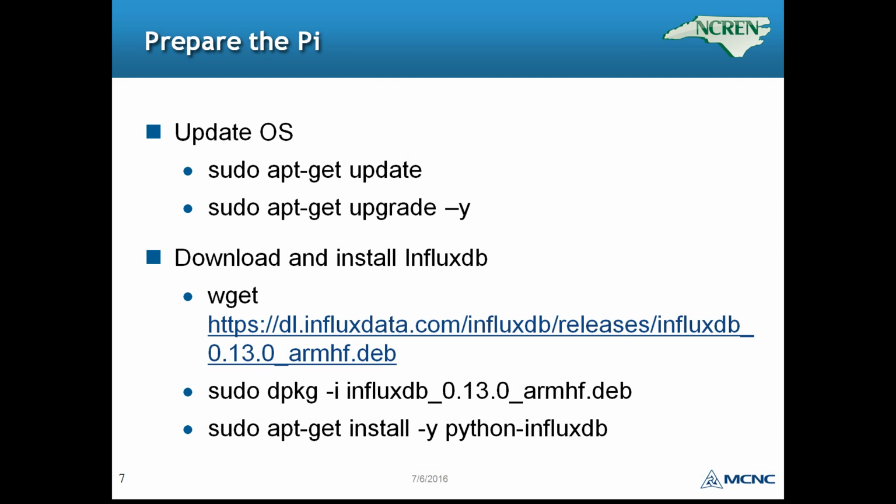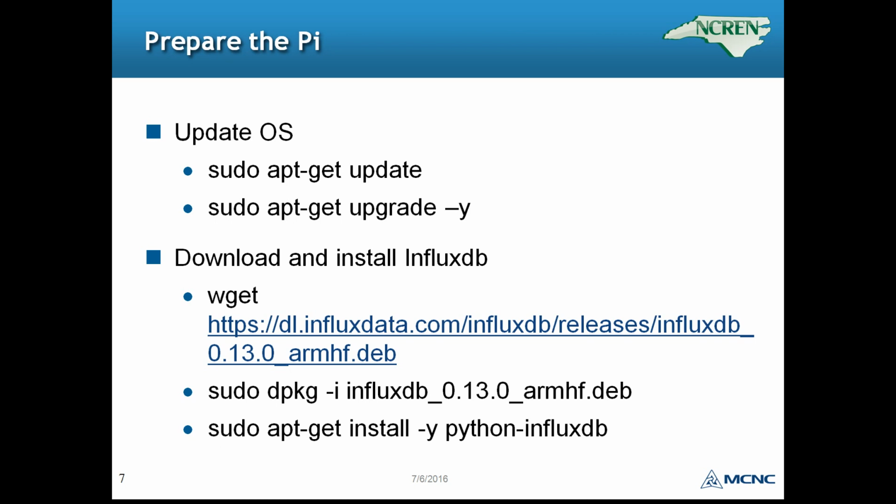So as I mentioned before, basically we're configuring these Pis to do some metrics collection for performance. Okay, how we're going to store these metrics is on the Pi itself with an application called InfluxDB. InfluxDB is a database for storing time-based metrics.